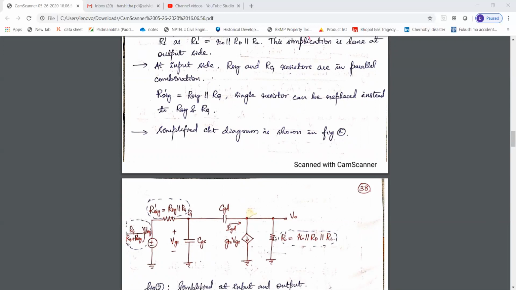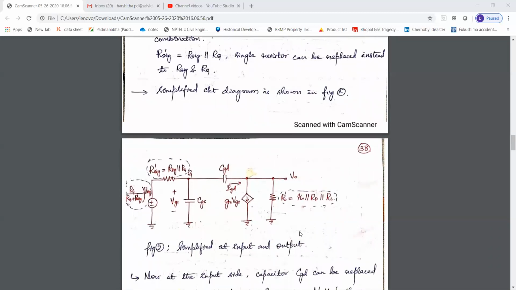The rest is present as it is, gm into VGS, CGD, and the CGS capacitor is also present. Next, these two resistors are in parallel. Instead of these two, we can use only one, that is R signal dash, which is equal to the parallel combination of R signal and RG. So that is present over here. The input signal will then be equal to RG by RG plus R signal into V signal.